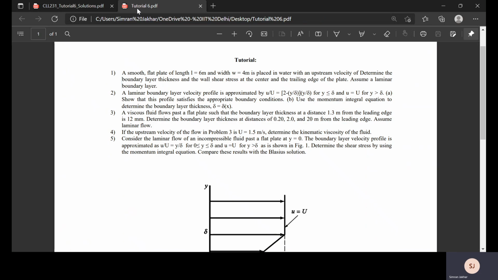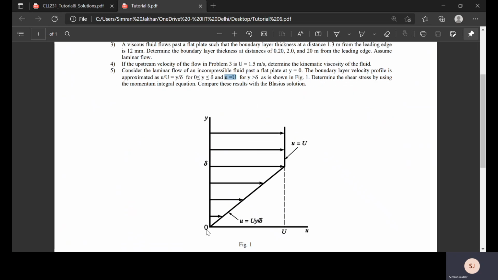So now moving to the last problem. Consider the laminar flow for an incompressible fluid past a flat plate at y equals 0, and the boundary layer velocity profile is given to us, that is small u by capital U equals y by delta for y less than or equal to delta, and the velocity will be equal to the free stream velocity for y greater than delta.